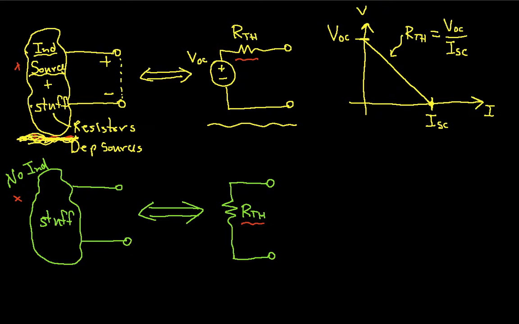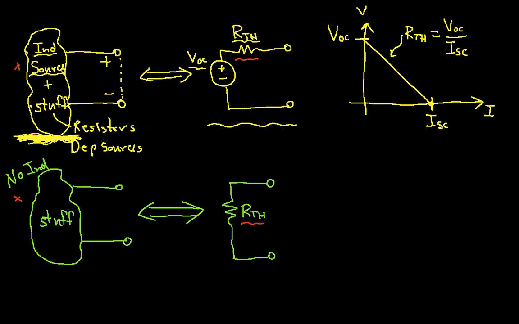If you have dependent sources, then you're probably better off finding the open circuit voltage and the short circuit current. Typically when you're working on a problem, you're given a whole bunch of stuff that's connected in a certain way, and your goal is to find the open circuit voltage and the Thevenin resistance.